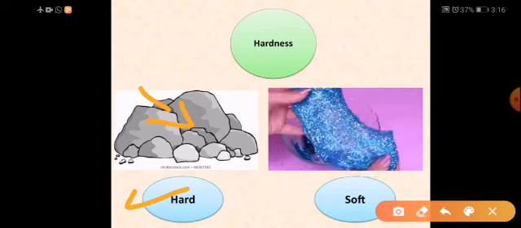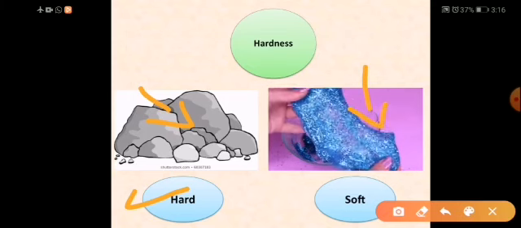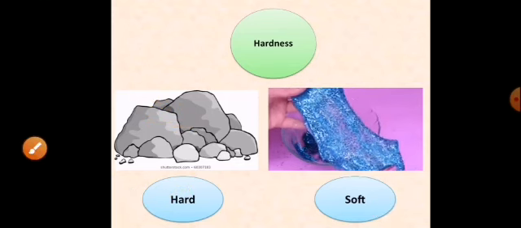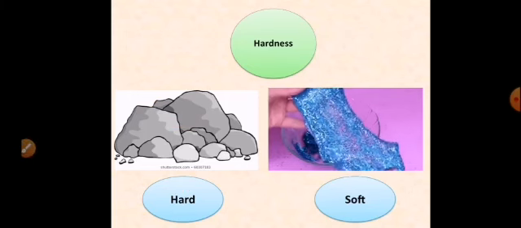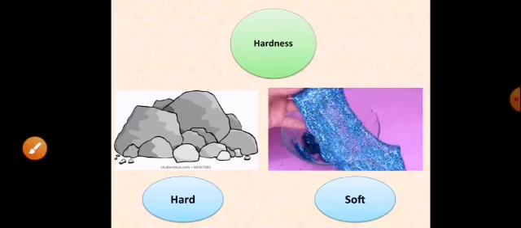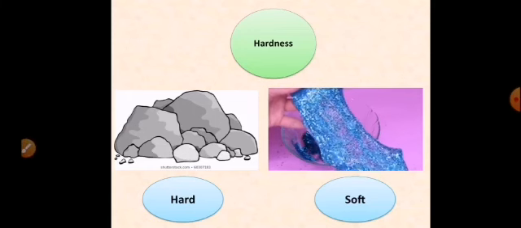But on the opposite side, the slime is soft, so we can change its shape easily. So some matter can be very hard, so we can't change the shape of it easily, but some other matter is soft and we can change its shape easily. For example, your mobile phone, can you change its shape easily? No, because it's very hard. Okay?